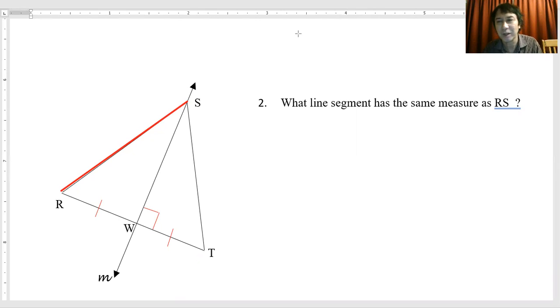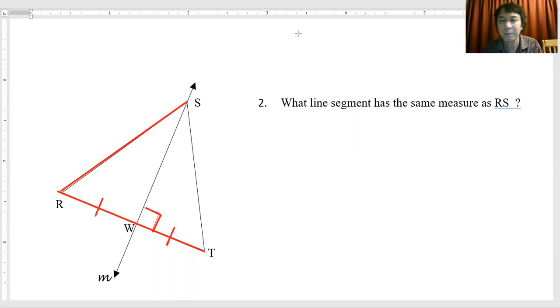First, we observe the given figure. We have here another perpendicular bisector which divides RT. It actually divided RT because of this mark and this mark, and that means they are equal. That means RW is equal to WT. Also, this is a right angle. That means line N is a perpendicular bisector.